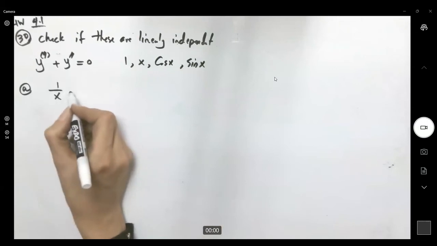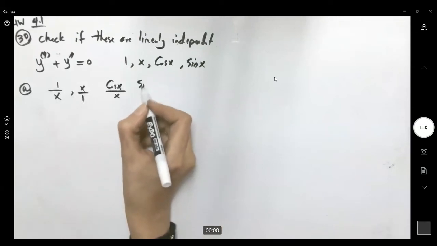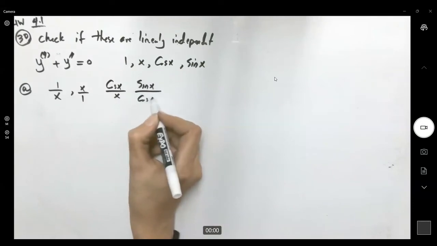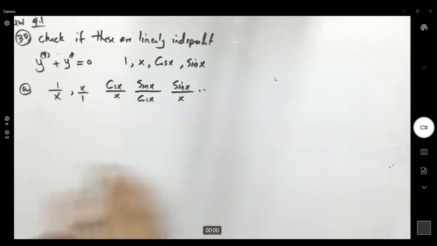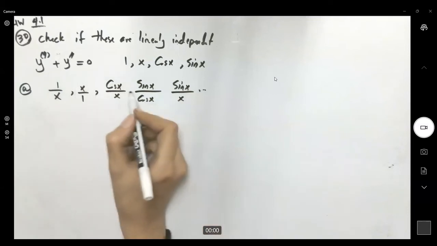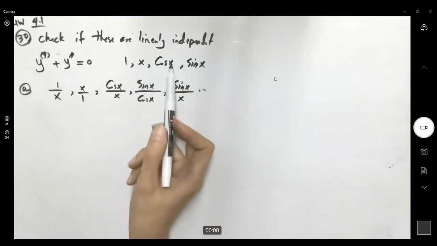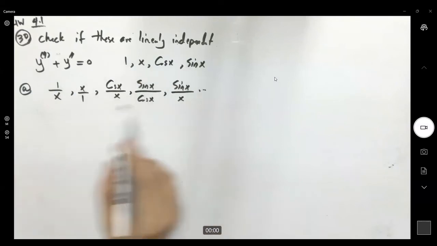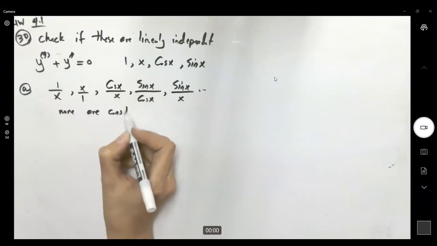1 divided by x, or x divided by 1, cosine x divided by x, sine x divided by cosine x, sine x over x, and so on. We can form all of these possible ratio combinations, and none are constant.